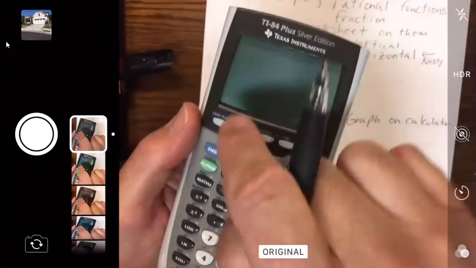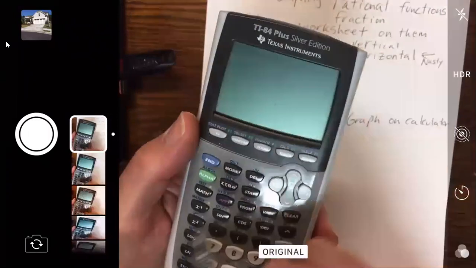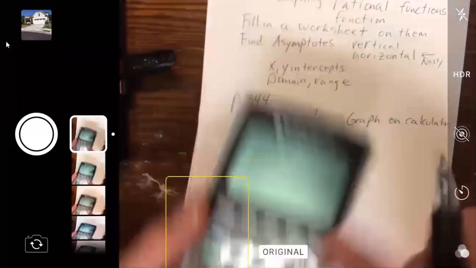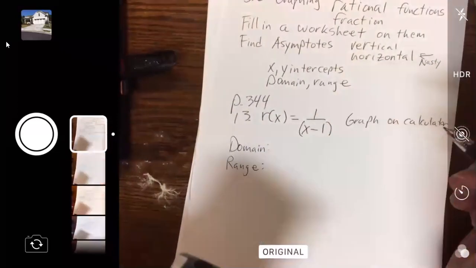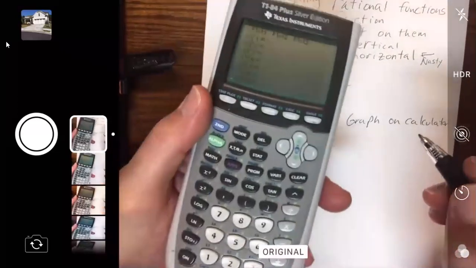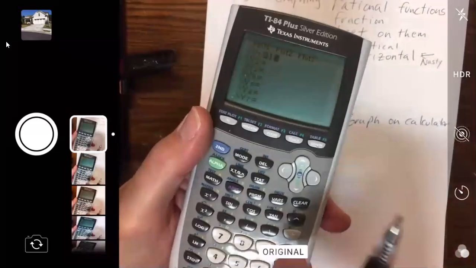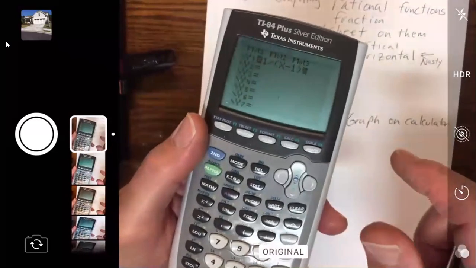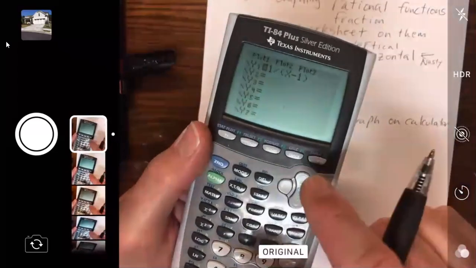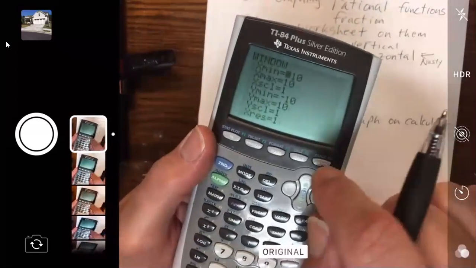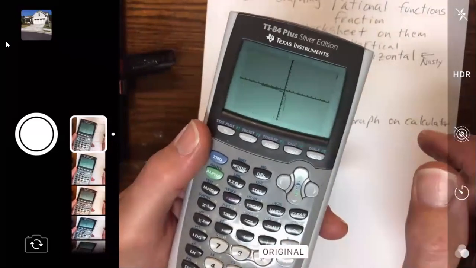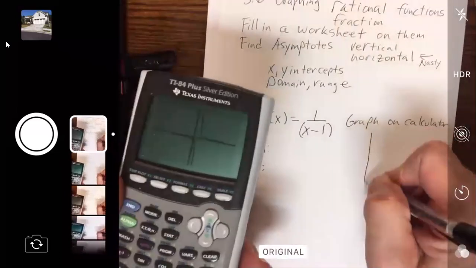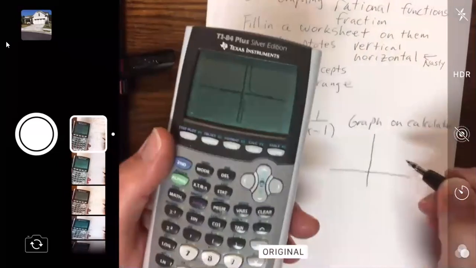If I go to the calculator, I will want to put this in parentheses to get the whole thing on the bottom: 1 divided by parentheses x minus 1. Good window, graph. You're going to get a series of these little curves.